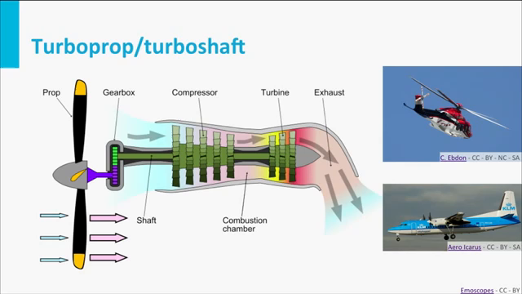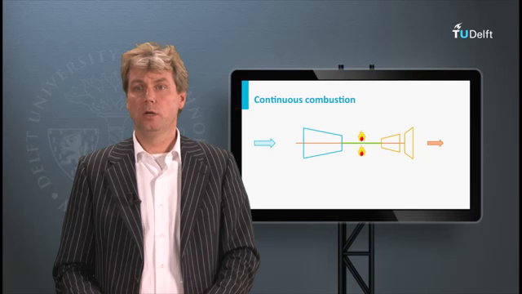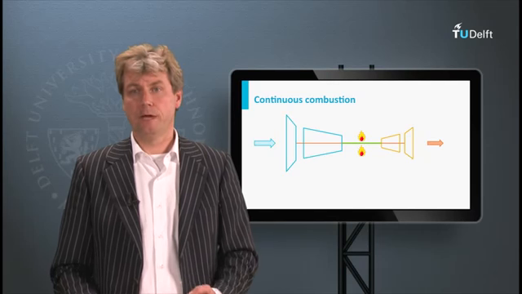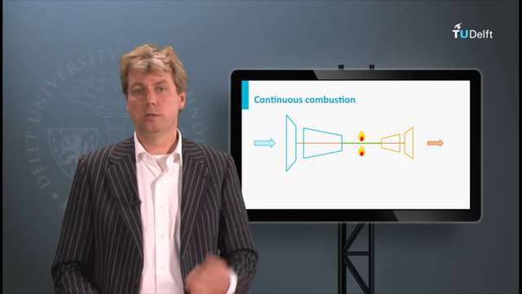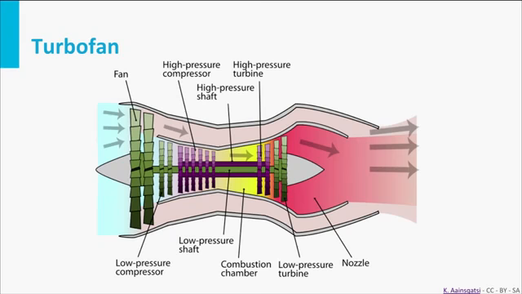This extra turbine that's used here for the propeller of the shaft, you can also connect it with an extra compressor or a fan which you have in a ducted channel. And this is the basic principle of a turbofan motor, where you add an extra fan or compressor to the shaft, and this results in what we call the turbofan engine.